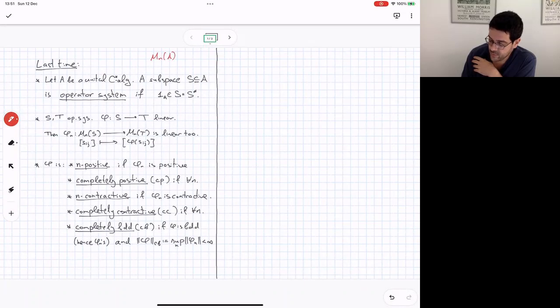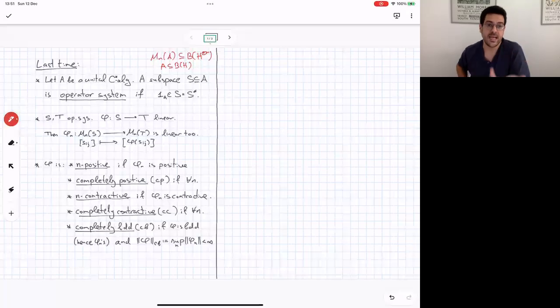We thought of putting A in some B(H), and then we could put Mn(A) inside B(H) to the n. And eventually we said that the norm coming from this embedding does not depend on the choice of the original representation, because of the property of C-star algebras having a unique norm.